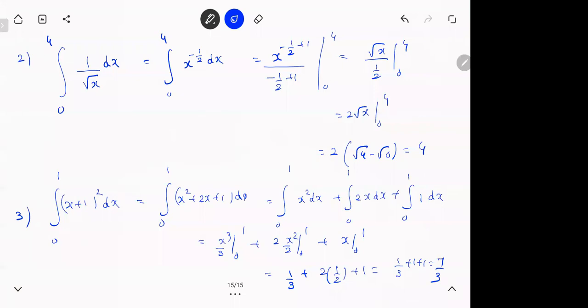Someone said something? Have a look at the second and third. If you're confused anywhere, do ask me.